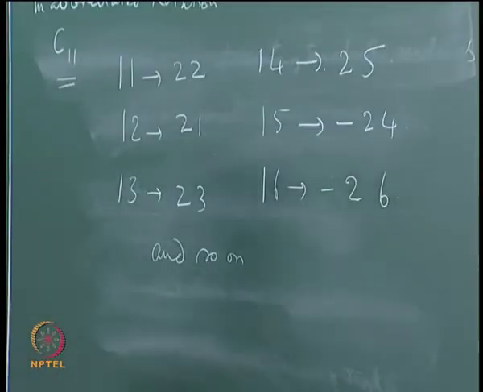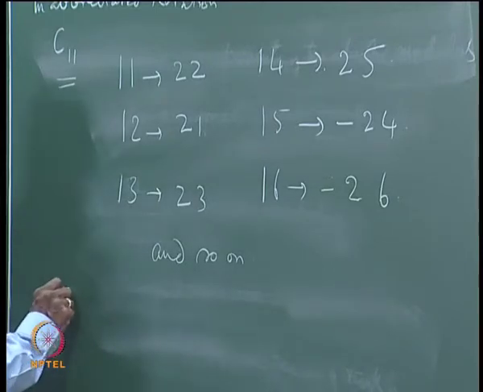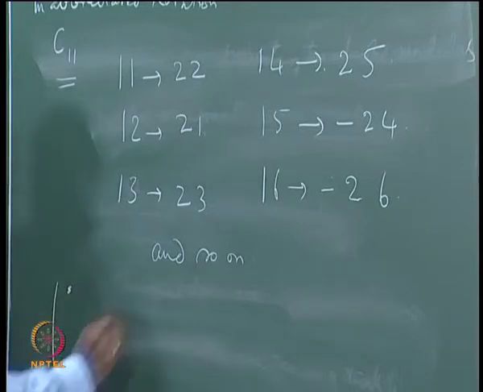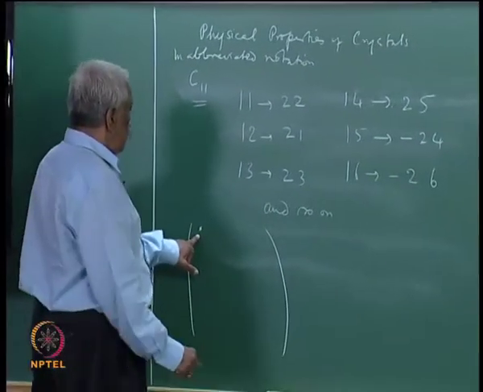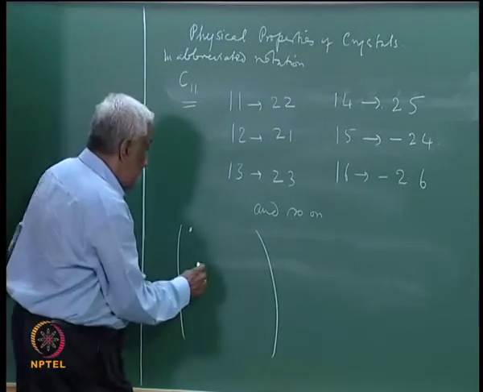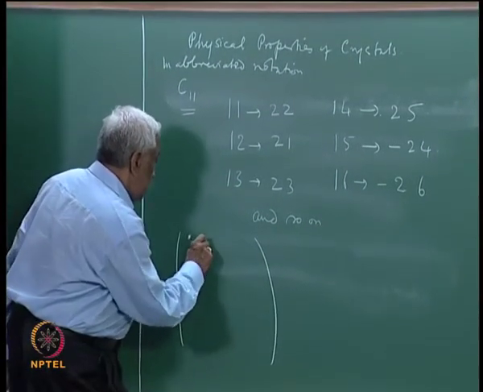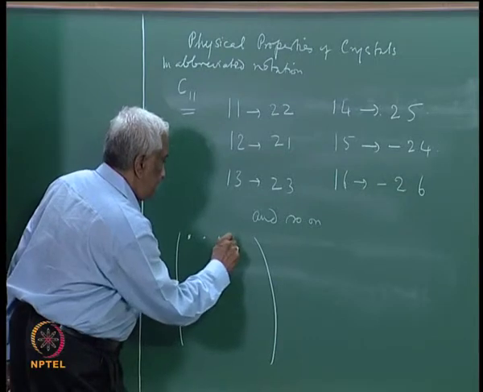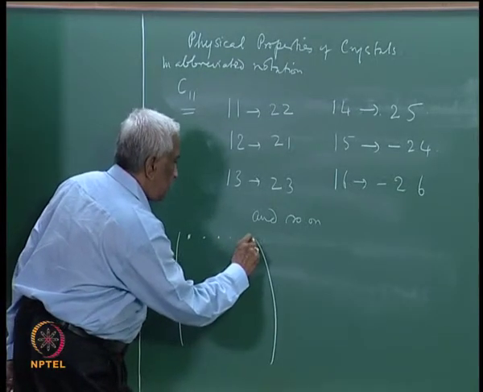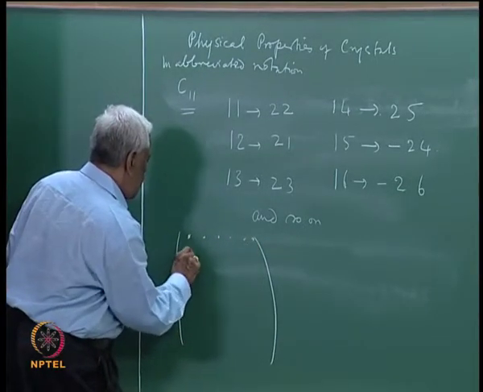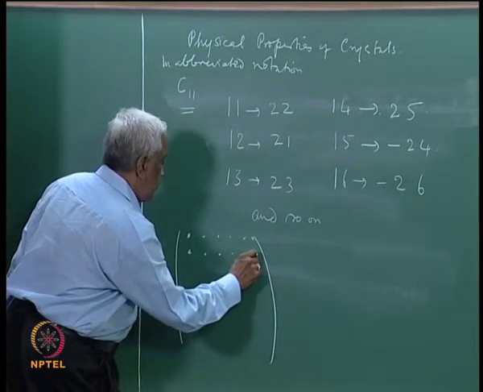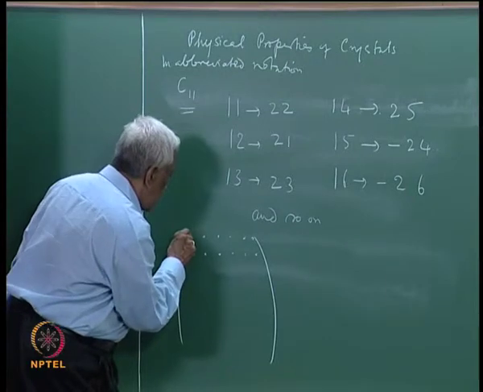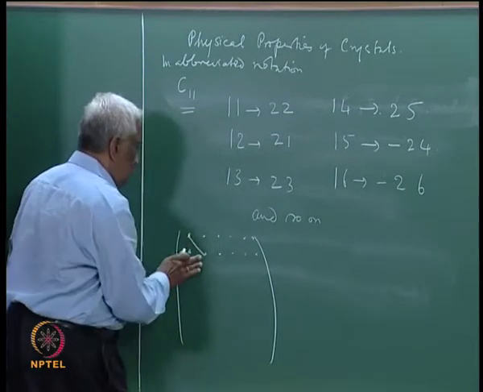So, this means that in the elastic modulus tensor, we have C11. I am showing the matrix elements by the positions here in an array, and there are 6 positions here. This is the second row and so on. Now, we have seen that C11 becomes equal to C22.